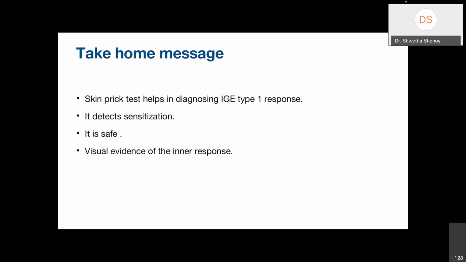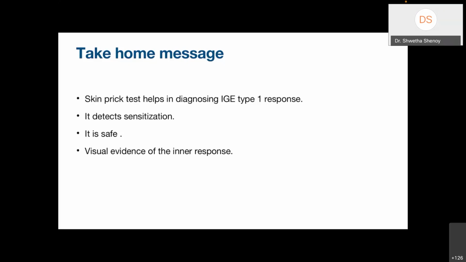So skin prick test helps in diagnosing IgE type 1. We are not talking about delayed hypersensitivity; it is not type 2. This is for type 1, an immediate IgE response. It detects sensitization. That means the patient has come in contact with this allergen before, and there is a high chance that he will mount an allergic response the next time he comes in contact.